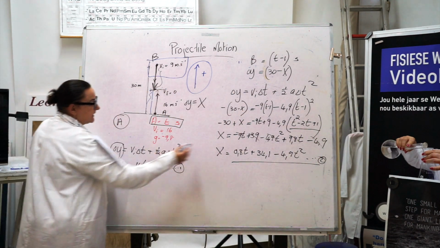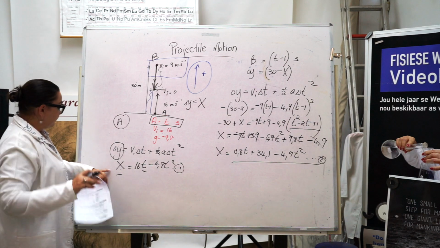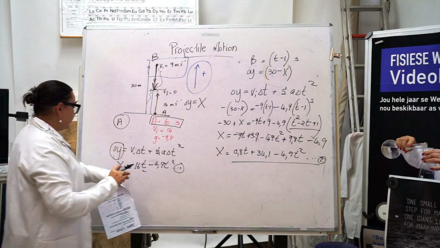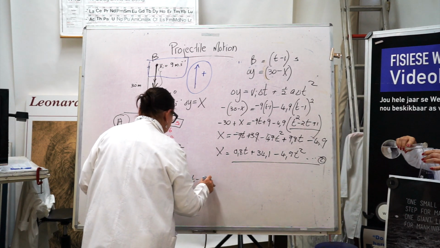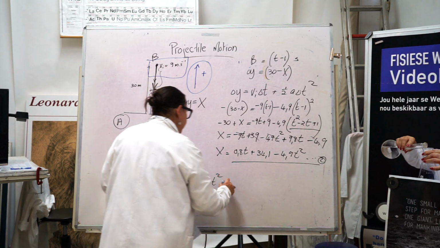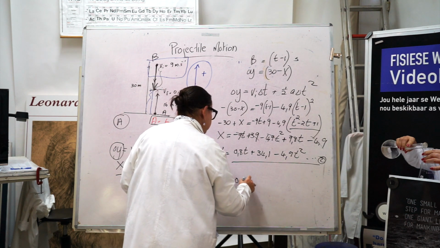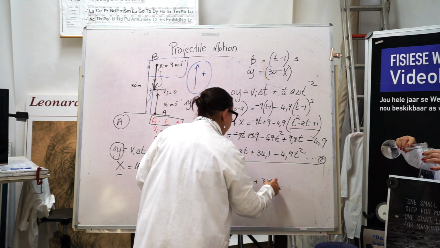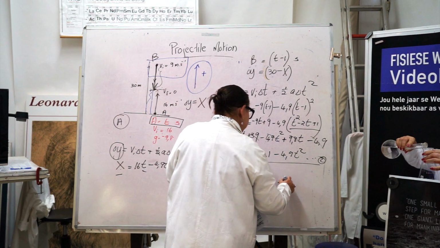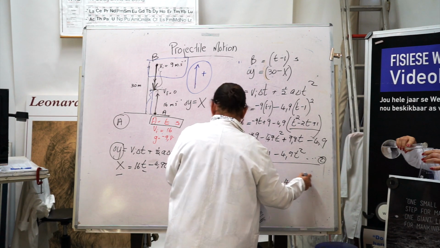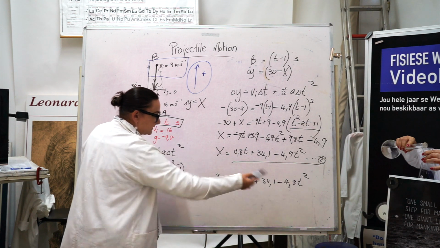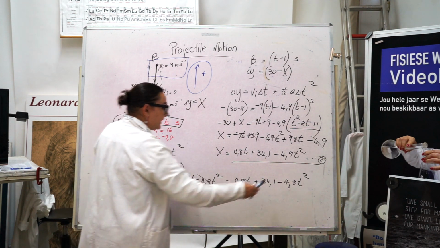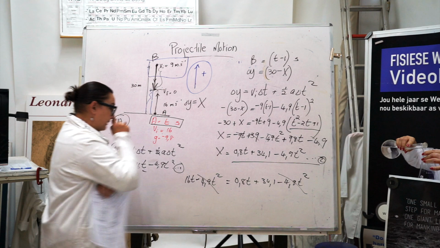And as you can see, guys, now I have two formulas for x. Let's equate them. So it's going to be 16t minus 4.9t squared equals 0.8t plus 34.1 minus 4.9t squared. And the best thing in math is when you have two things which are exactly the same, I can strip them out.